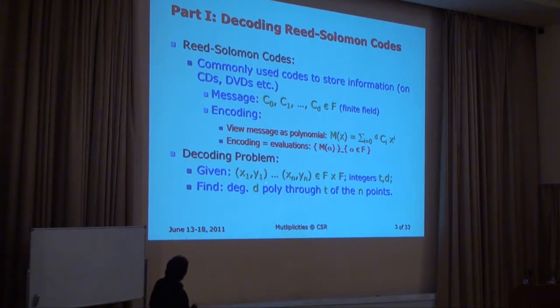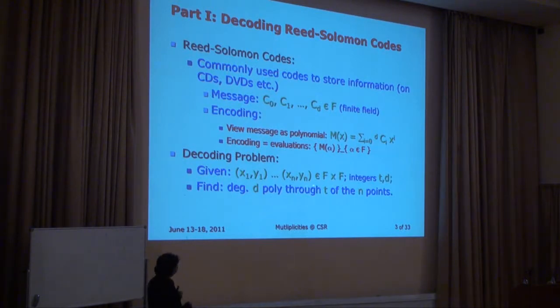And the way I'll express that problem is, the x1, x2, and so on are the various elements of the field. You know which ones these are. I also knew which ones these are. I wrote the polynomial values m of x1, m of x2, and so on to the disk. And you read them, but then there are errors when you read them. So you read y1, y2, and so on to y sub n. Now you'd like to know what is the polynomial m.